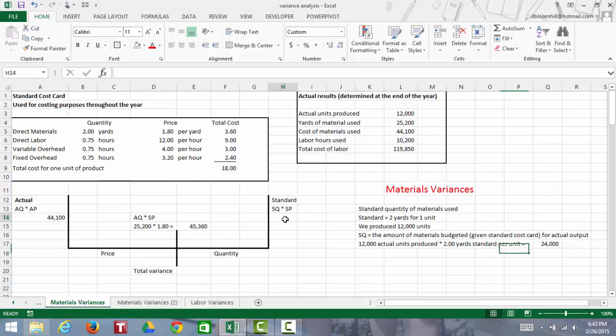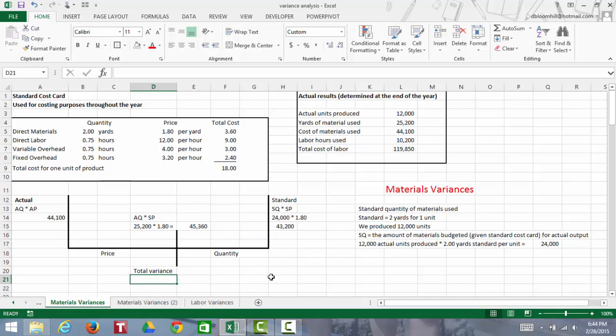So that becomes our standard quantity. So on our standard quantity, 24,000 yards multiplied by our standard price of $1.80, our total standard cost, $43,200.